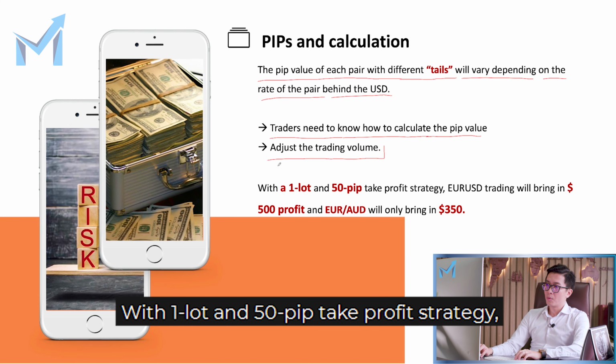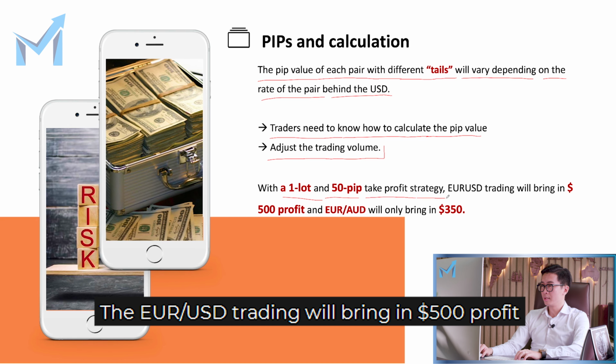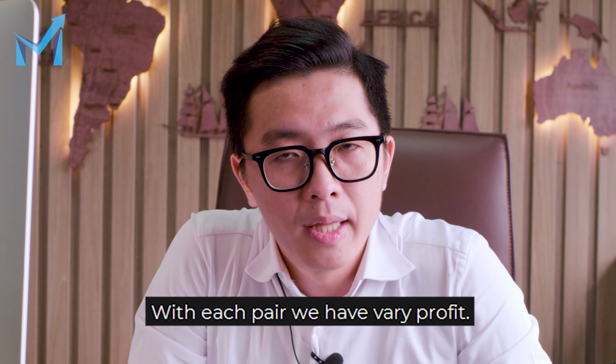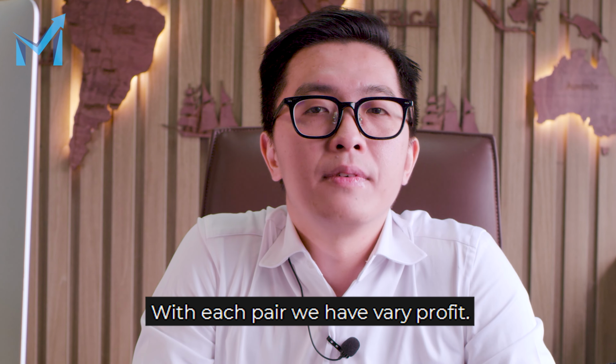With 1 lot and a 50 pip take profit strategy, the Euro and USD trade will bring in $500 profit, and the Euro and Australian dollar will only bring in $350 in profit. With each pair we will have a different profit.